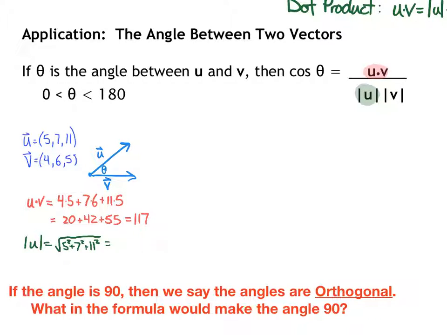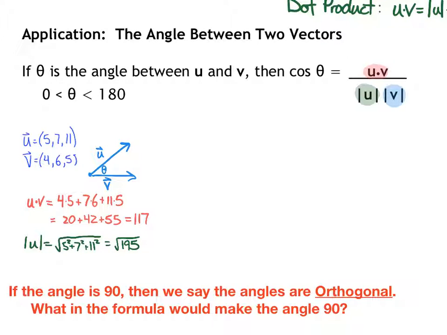So when we do 25 plus 49 plus 121, 121 and 49 is going to be 170 plus 25, that's the square root of 195. And that's 39 times 5, which are both primes, so that doesn't simplify.